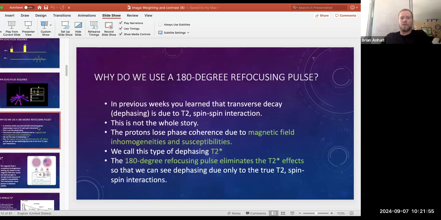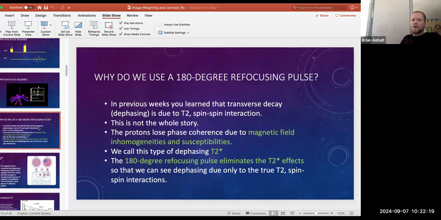So I'm just going to read this one more time. T2 spin-spin interactions are not the only reason we have dephasing, loss of transverse magnetization. It's also due to magnetic field inhomogeneities and susceptibilities from tissue and air and everything else being inside that magnet. That type of quick dephasing is called T2 star.